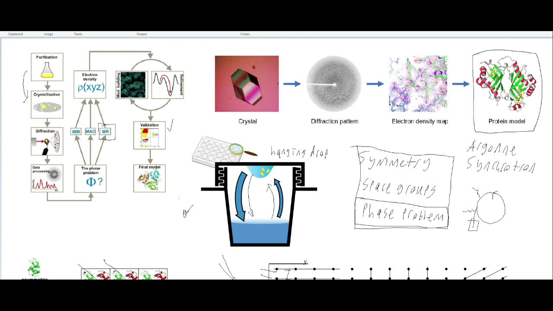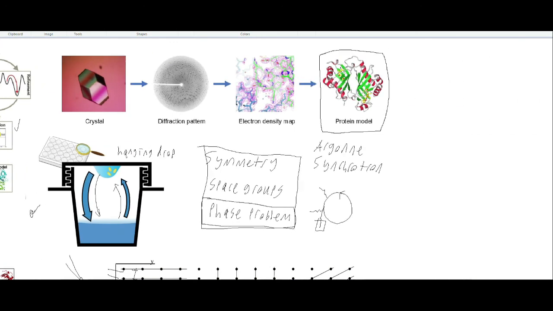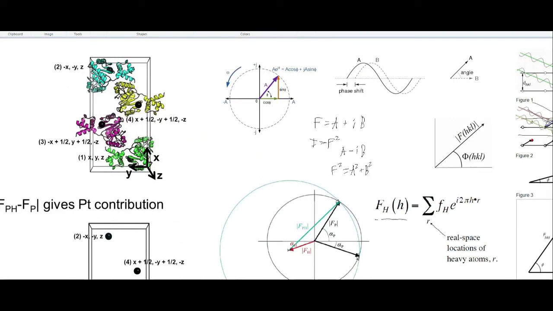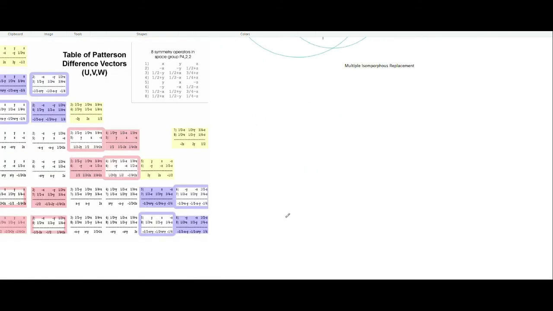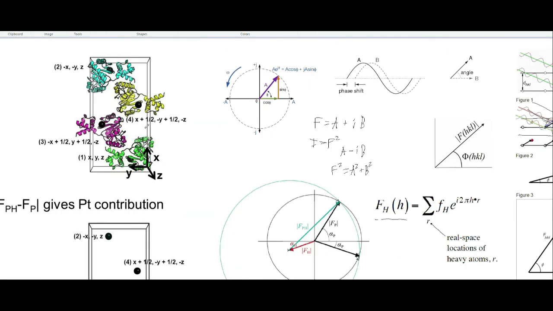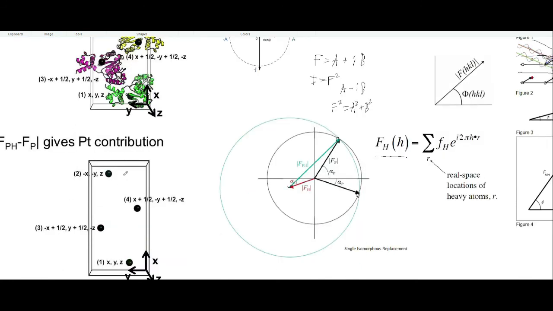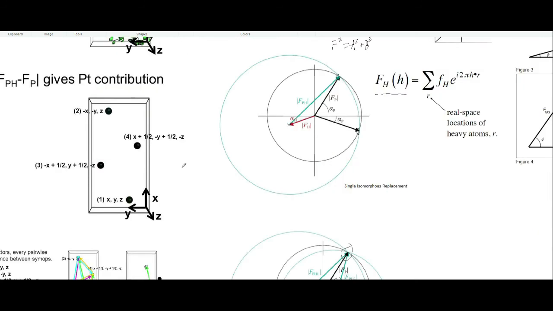If you don't have that, then you have to go through all the rigmarole of getting crystals with the heavy atoms, ideally in multiple positions, so you can get this multiple isomorphous replacement. You have to get it without the heavy atoms too, so you have to get multiple crystals, and then you have to get good data from the multiple crystals.